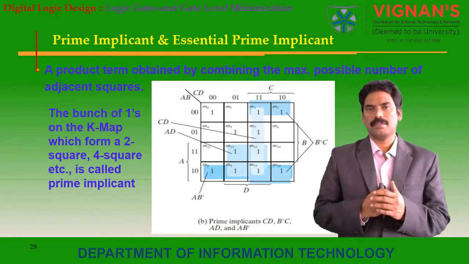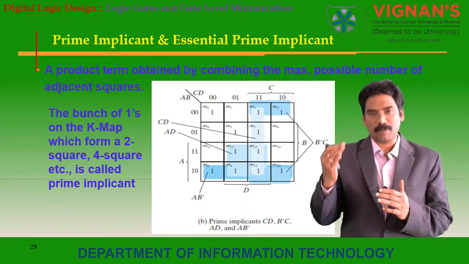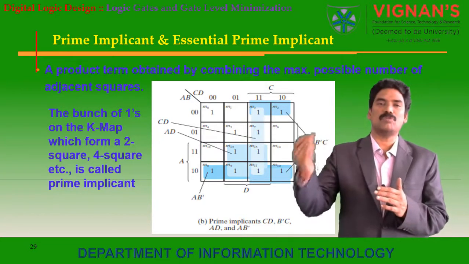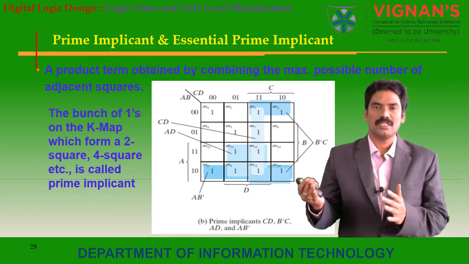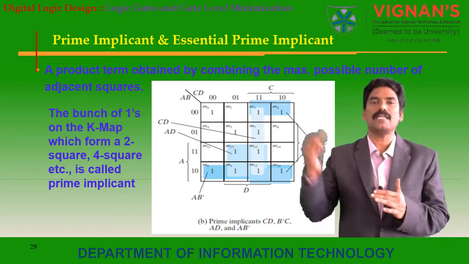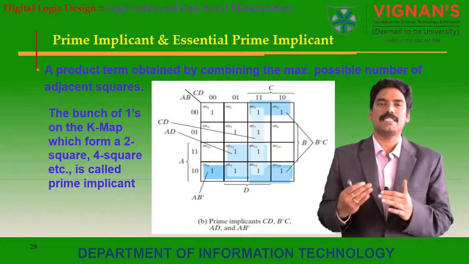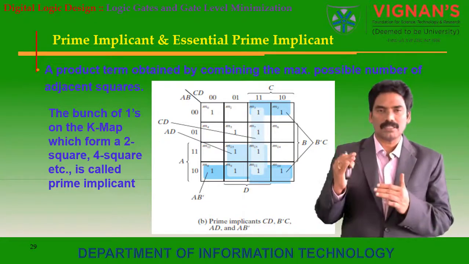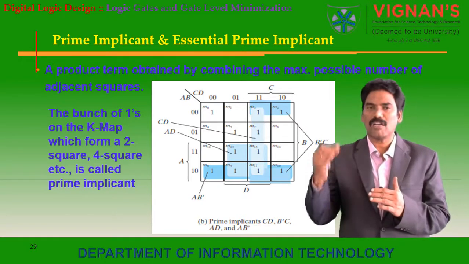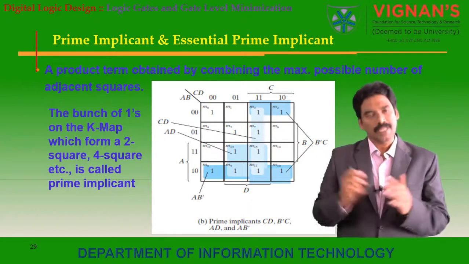In this example, the product terms obtained by combining the maximum possible number of adjacent squares are CD, B bar C, AD and AB bar. And another definition for prime implicant is the bunch of ones on the K map which form a 2 square, a 4 square, etc.